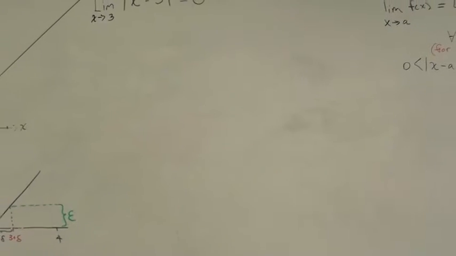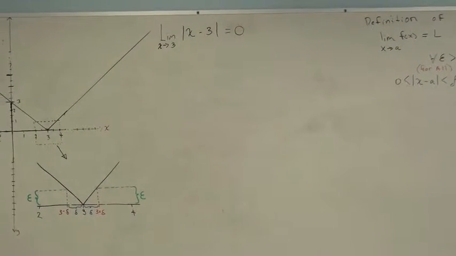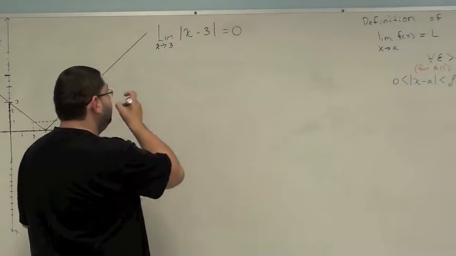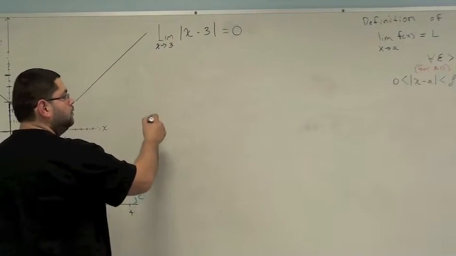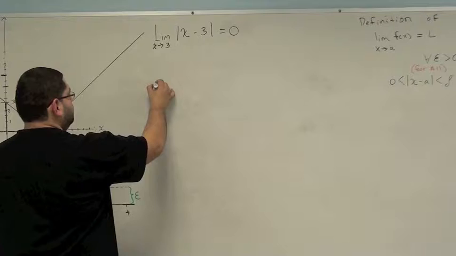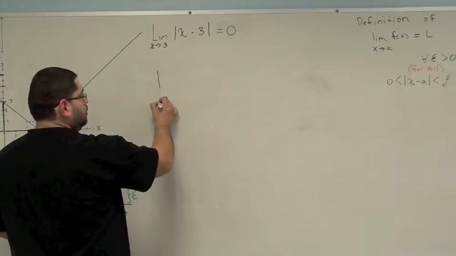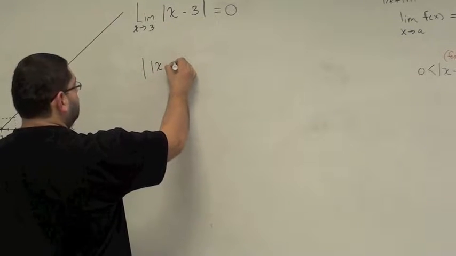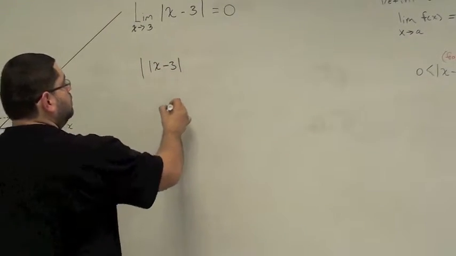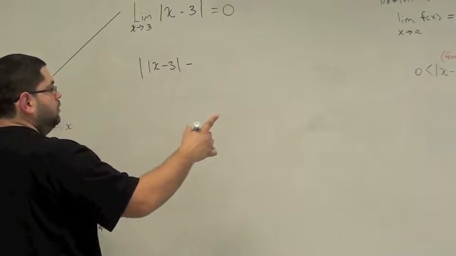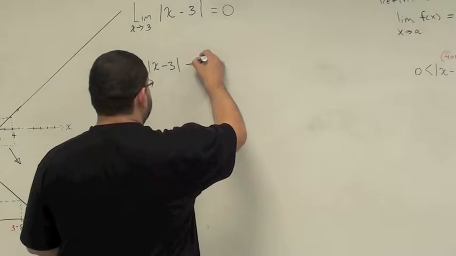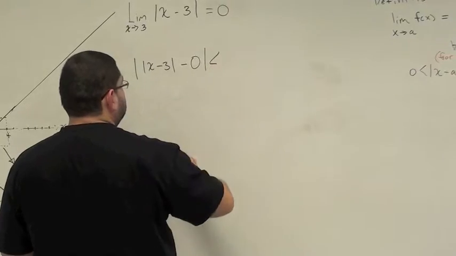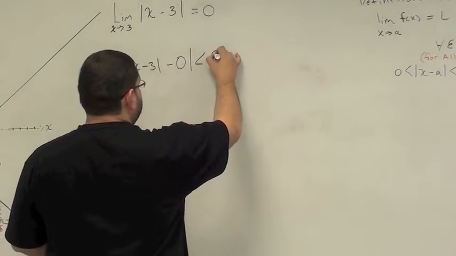Now, if we use those definitions, using the information that we have from the limit, we can say that the absolute value of x minus 3 minus the limit, in this case 0, is less than epsilon.